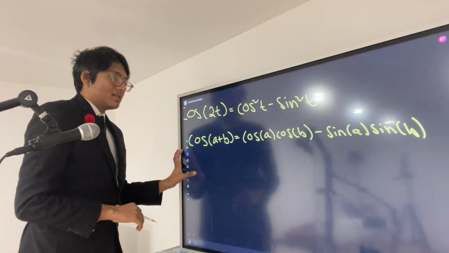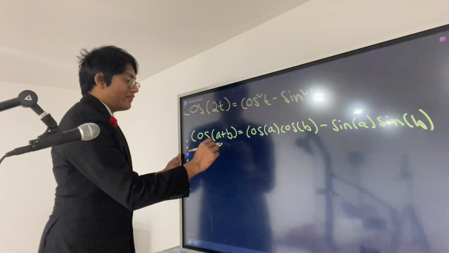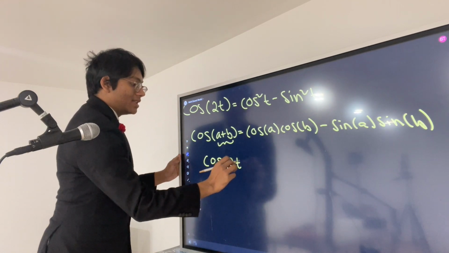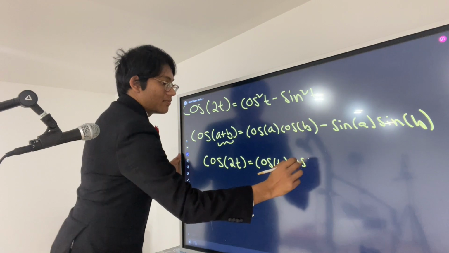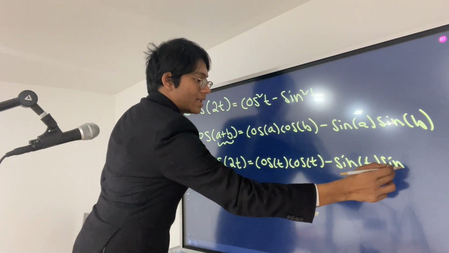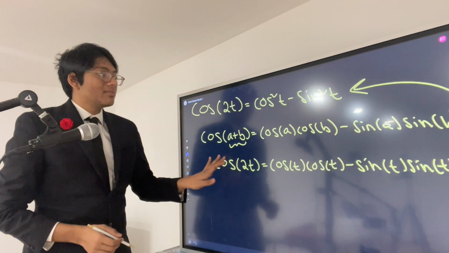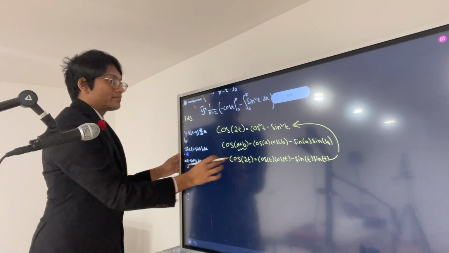But as far as I recall, this is the trigonometric identity right here. And so if I have the same value for a and b, in other words, if I have 2t, I'll have cosine of t times cosine of t minus sine of t times sine of t, right? So then I'll end up with this function, which might remind you of the hyperbola.